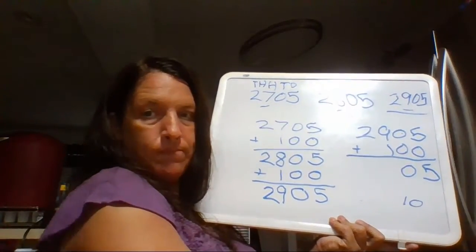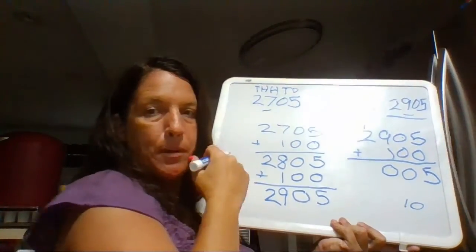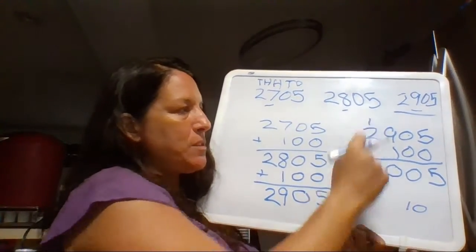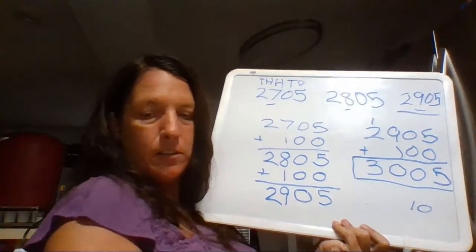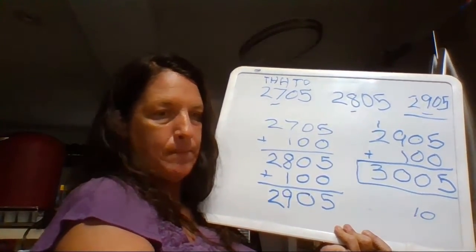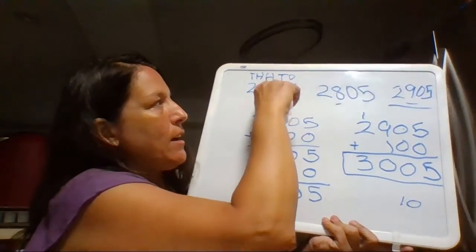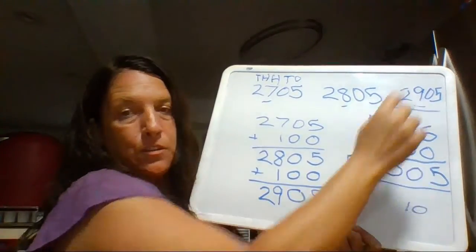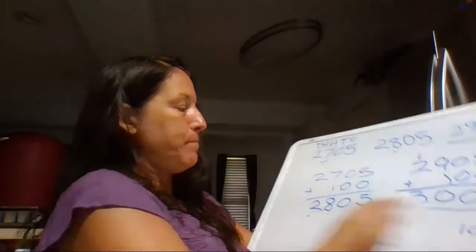No. I have to put the 0 here and the 1 up here. Do you remember that? Yeah, we did that at the end of first grade. What's 2 plus 1? There it is. There's your answer, which was answer letter D, 3,005. So we found out they were counting by hundreds, and then we just added 100 to the last number.